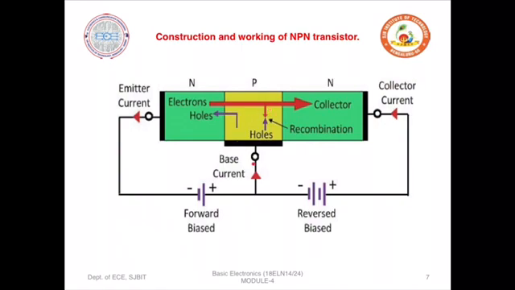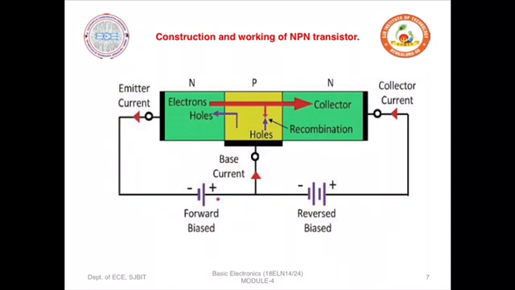Now for this NPN transistor, we have made the connection in such a way that the base becomes common for both the emitter and the collector, and a biasing is applied such that there is positive biasing connected to the base terminal and negative biasing connected to the emitter terminal.